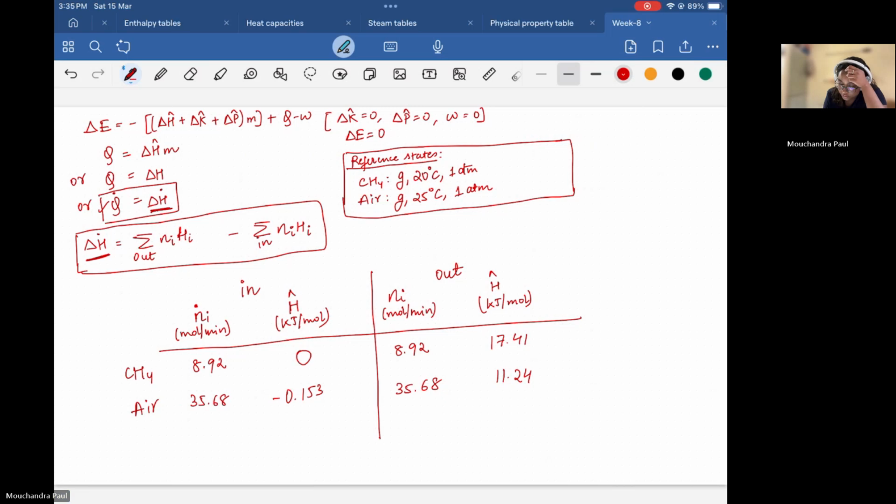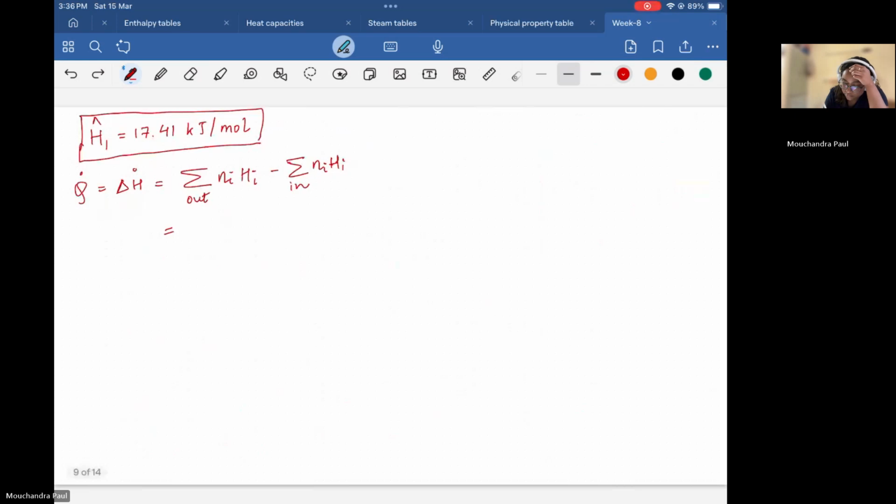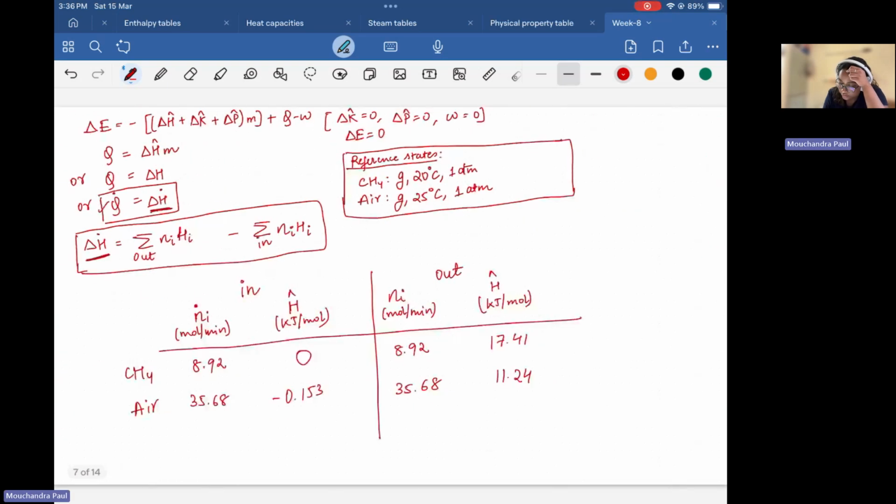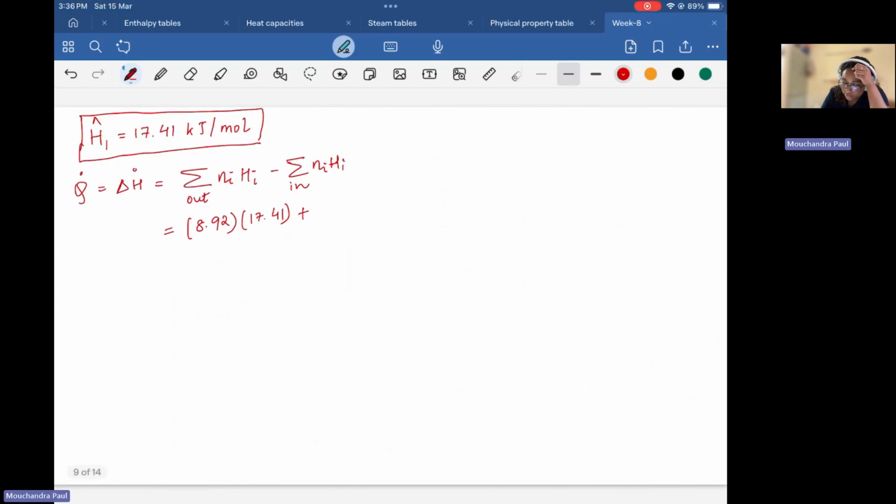So we have to multiply these two, and then add this quantity with this quantity. Okay, similarly, we have to do for the other side as well. 8.93 into 17.41 plus 35.68 into 11.24.